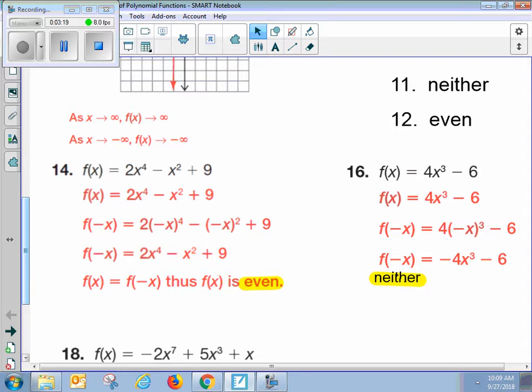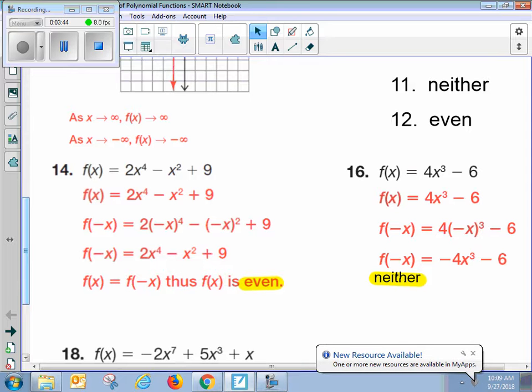When I start, I look at the given equation. If the biggest degree there, the biggest power there is even, it doesn't matter what anything else is. The biggest power there is even, then it's an even degree, then that means my choice would be even or neither. If the biggest power there, like on number 16, was odd, then my choice is an odd function or neither.